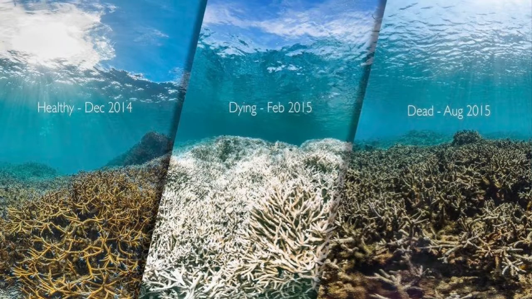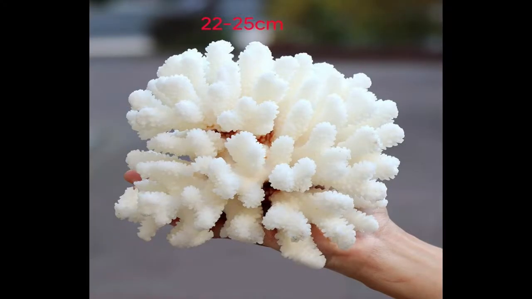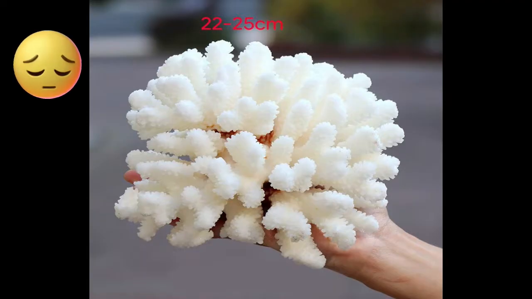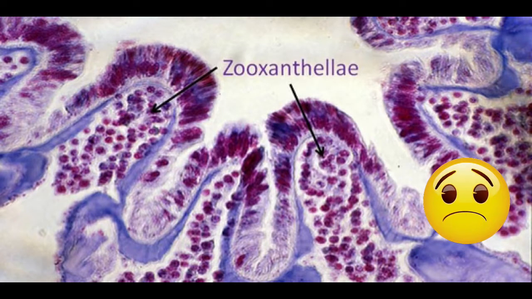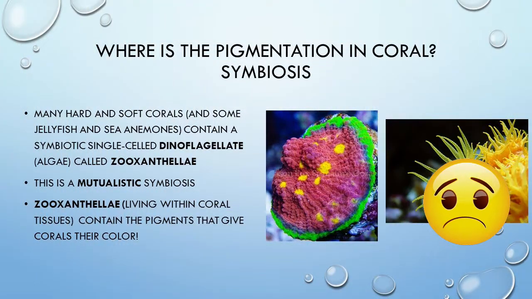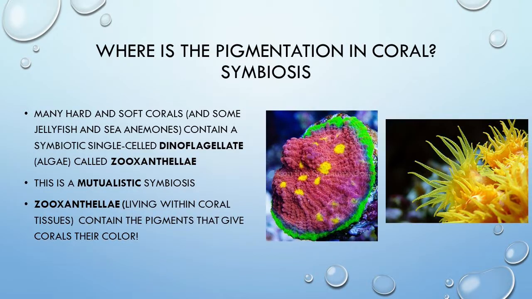So when you break off a piece of it, eventually that piece of coral might die, and the zooxanthellae that were living in it and giving it its natural color, because I don't think I remembered to say it, the zooxanthellae also help to give the different colors that the coral might have.